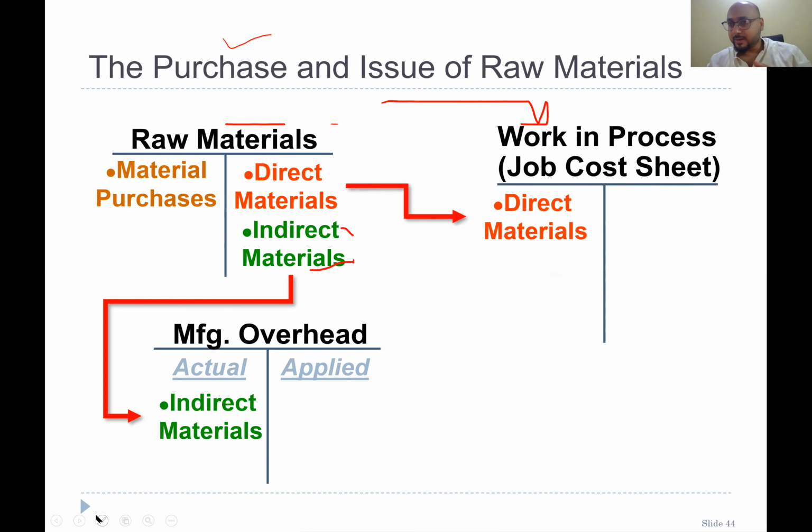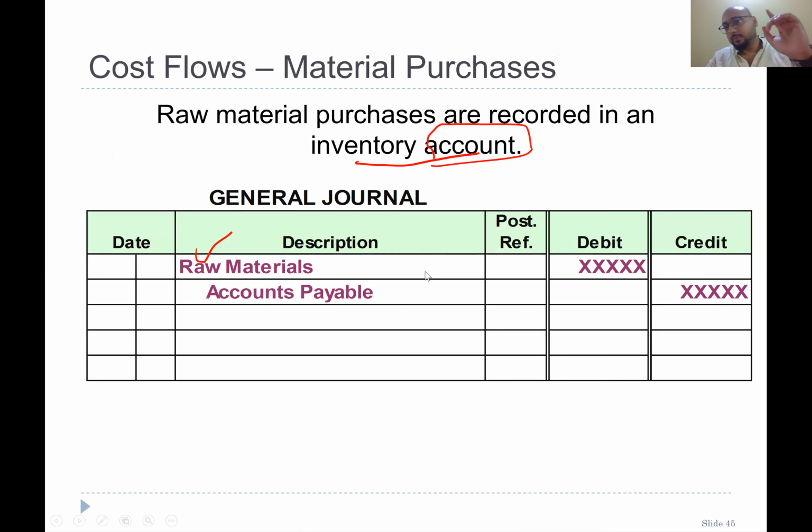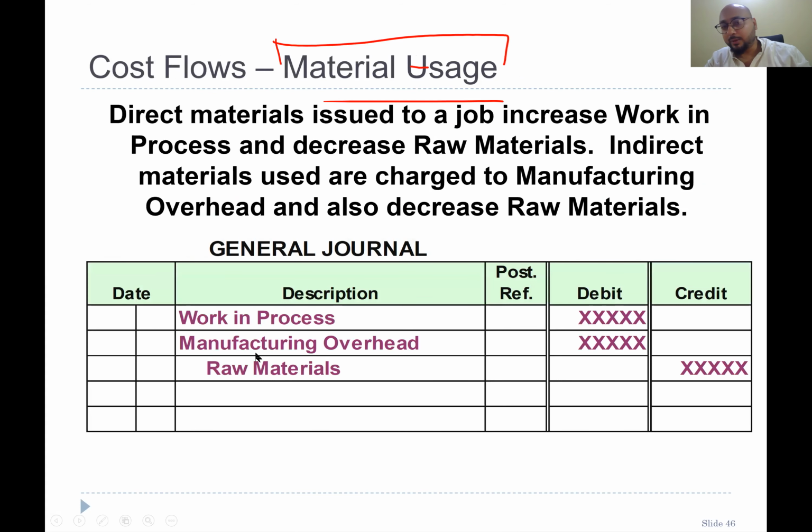Similarly, raw material is also going to manufacturing overhead, which is an expense. Expense is increasing, it means debit, right? So the entry would be work in progress, manufacturing overhead to raw material. Understand? Chandra, Min, Arone, Christine? Yeah.